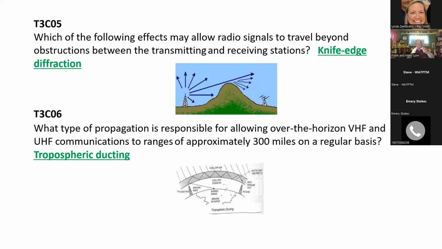Whenever you have a sharp edge, like the top of a mountain, the radio waves come up there, hit that edge, and get re-radiated from that point. Just as this diagram shows. See, the radio wave comes up here and then it gets re-radiated. And so the person over here might be able to hear this station over here, even though they have a big old mountain between them. It's not always reliable, but it can happen.